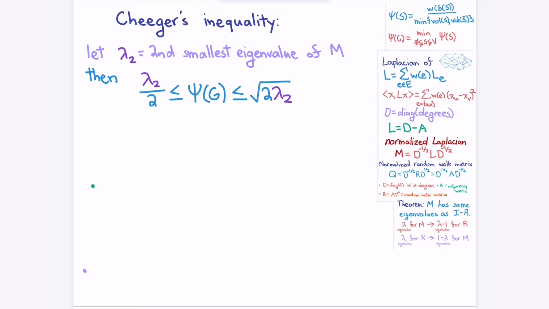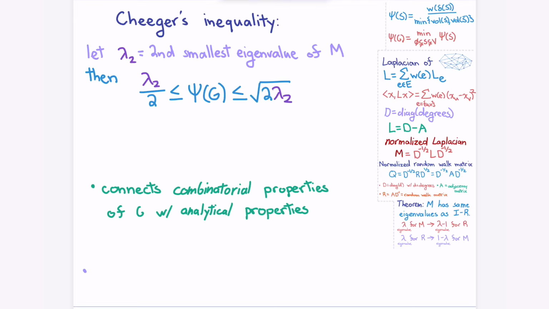Okay, so this is very interesting, right? Because it's connecting a natural combinatorial property with an analytical or algebraic property, depending on how you see eigenvalues. And at some level, low conductance cuts are hard to get a hold of, right?